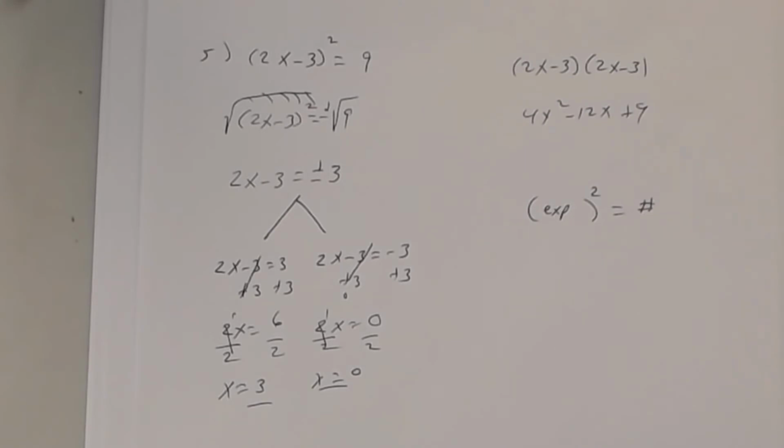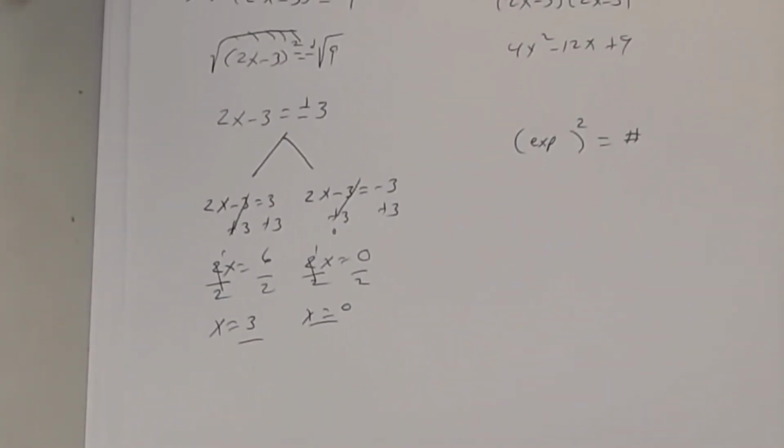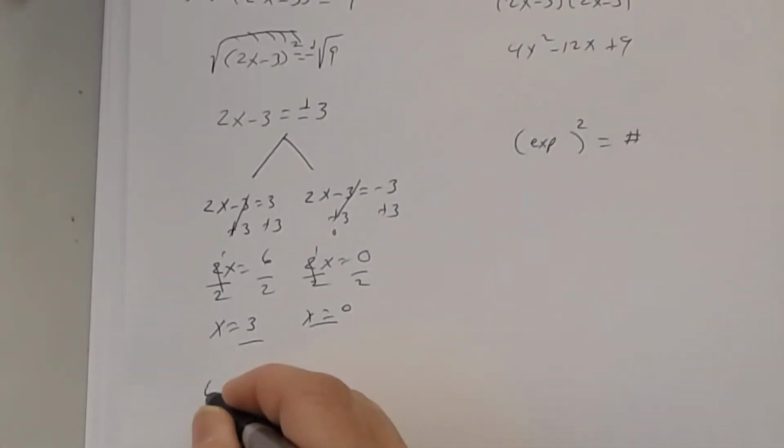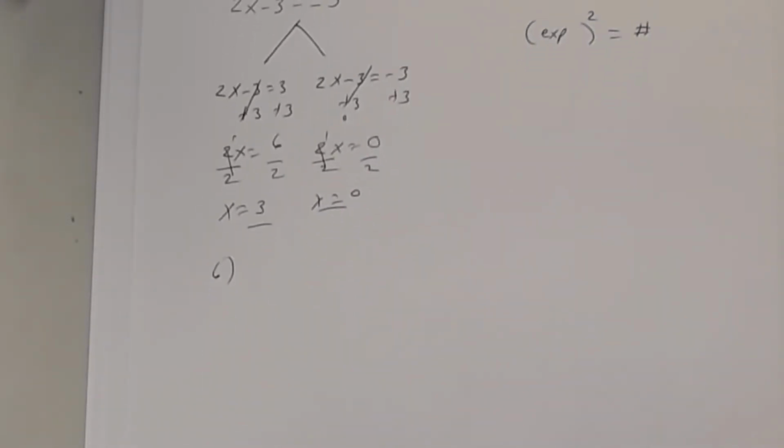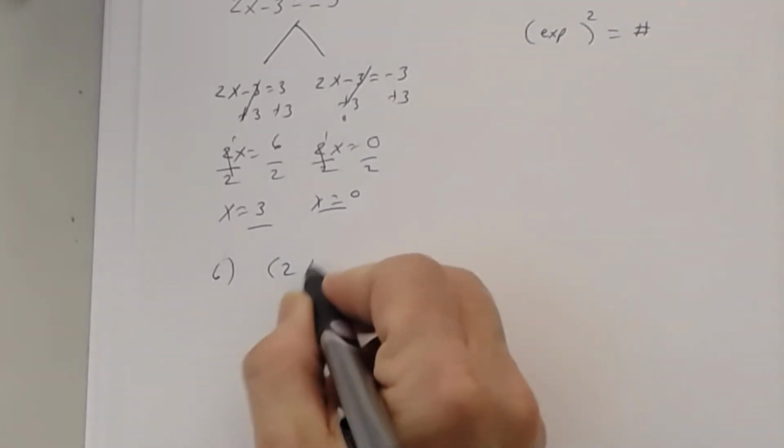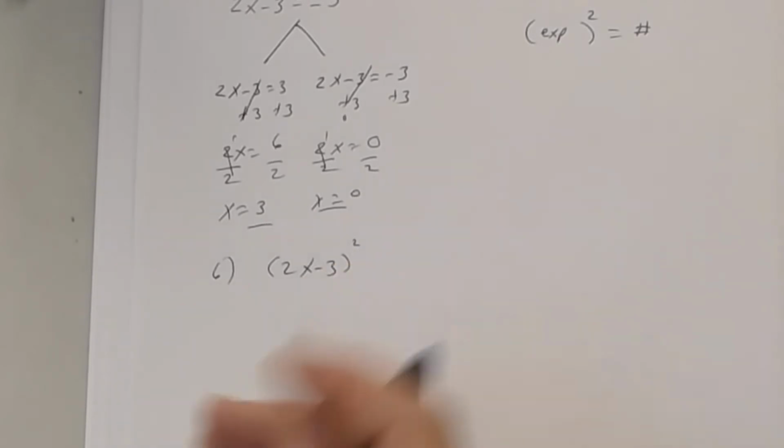Now let's compare number 5 with number 6. So here's number 6. I have 2x minus 3, the same expression, the same thing on the left-hand side. But this time, I'm going to set it equal to 7. Again, what kind of equation is this? Quadratic. The only way you know to solve a quadratic equation is by factoring.